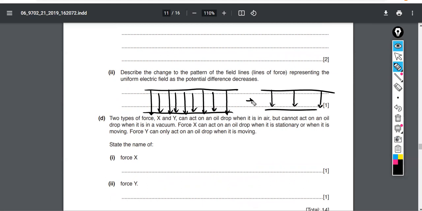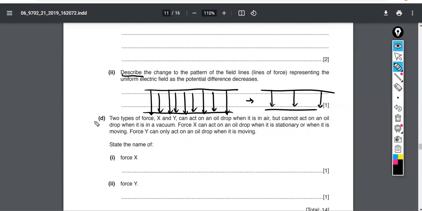Don't draw a picture like that and let that stand as your answer. You really do need to describe with words what we're trying to show there. However you would describe that, there's more space between them or there's fewer lines. They're both correct.